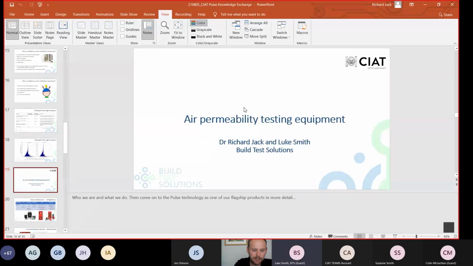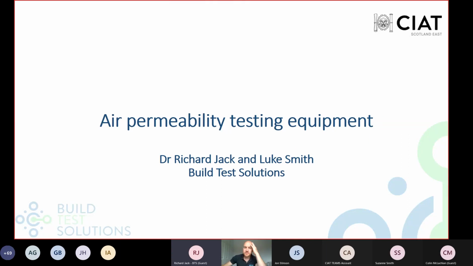Brilliant, thank you, Richard. So that's hopefully provided a useful background for everyone as to how important and significant measurement is generally, but also the role that air tightness plays in not only space heating demand and thermal performance, but also in ventilation and in understanding indoor air quality.